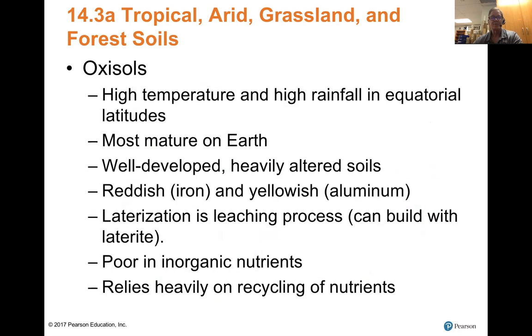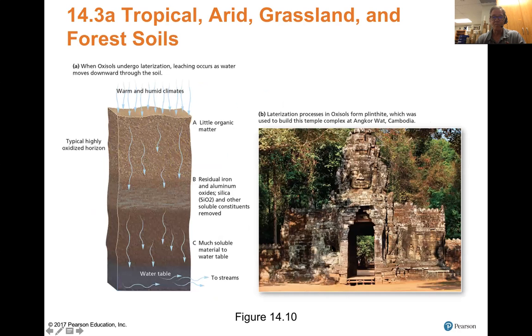So Oxisols, again, high temperature, high rainfall, equatorial latitudes, well developed, usually reddish or yellow, lateralization, and poor in organic nutrients because of this. So you rely heavily on the recycling of nutrients. And again, this is from your book, so just as you get more moisture, it goes down through the soil, pulling the nutrients down to the water table.